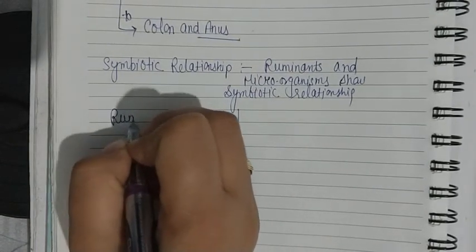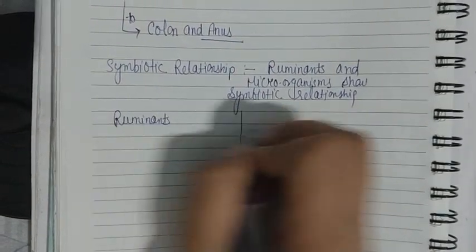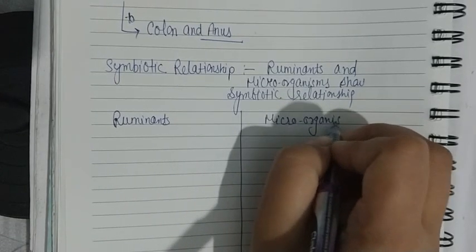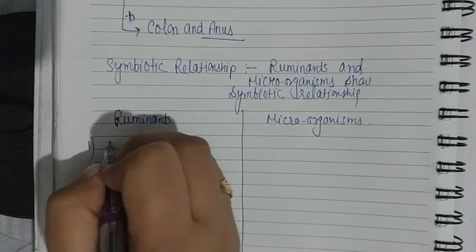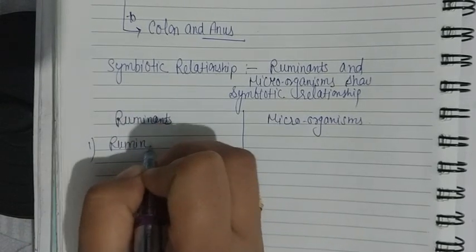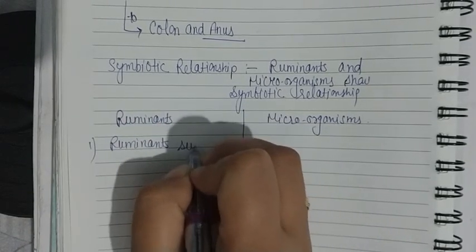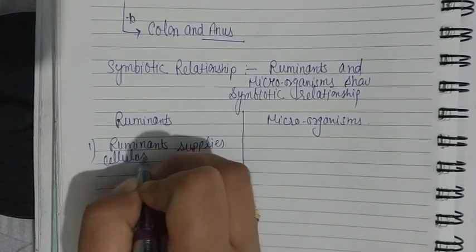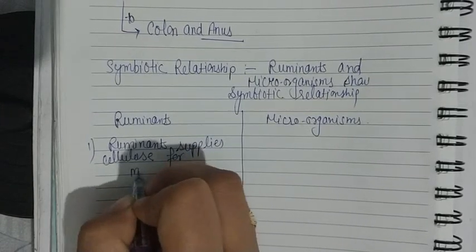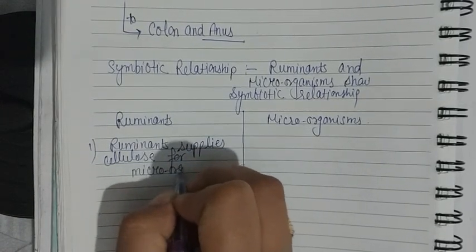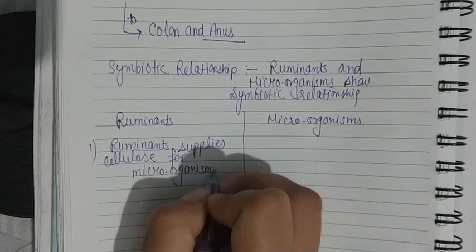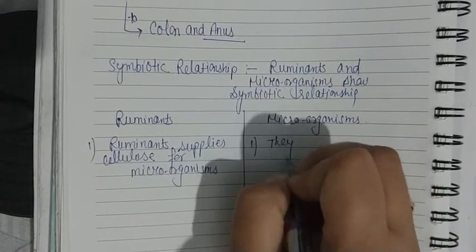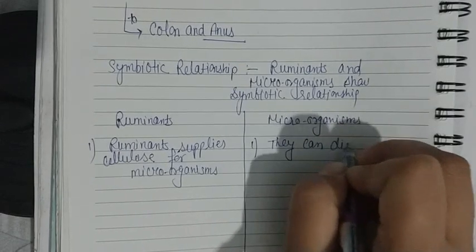First point, ruminant supplies cellulose for microorganisms. They can digest cellulose.